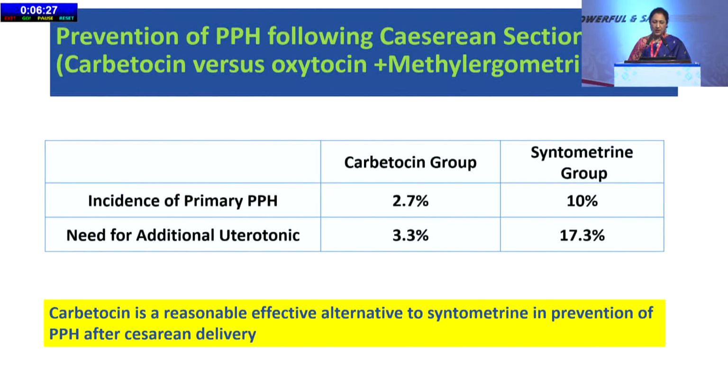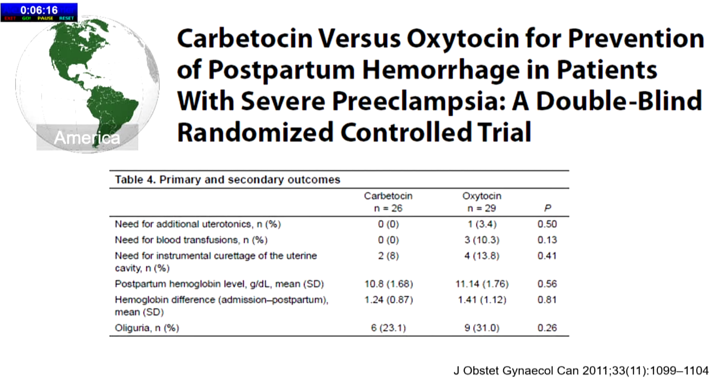Comparing carbetocin with oxytocin plus methylergometrine, carbetocin was a reasonably effective alternative. It stood as an alternative to methylergometrine in prevention of PPH for cesarean delivery. Carbetocin versus oxytocin was compared in patients at risk of PPH with severe preeclampsia.